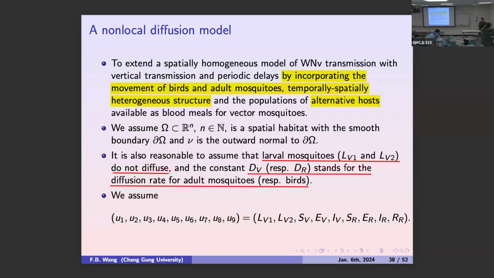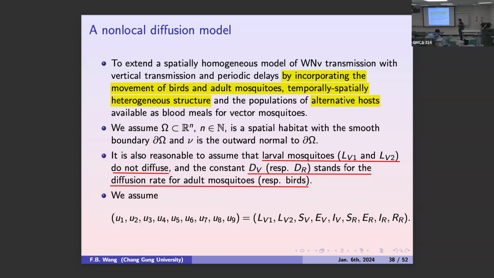Mosquitoes can bite the birds, but not only the birds, they can also bite other animals, right? So we need to include this mechanism into our equation. I will show you the difference later. We also assume the larvae cannot move, because the larvae is in the river.